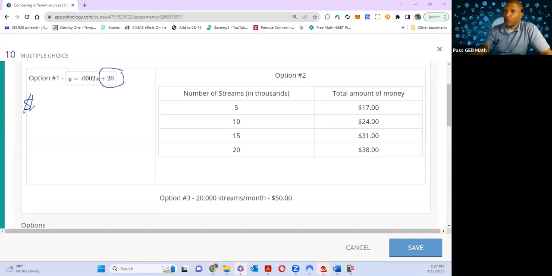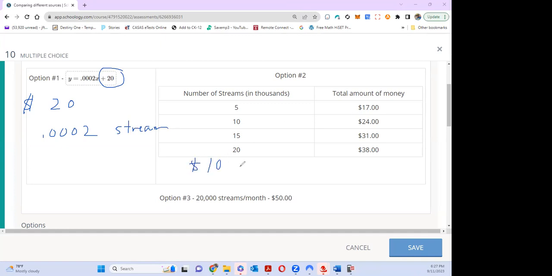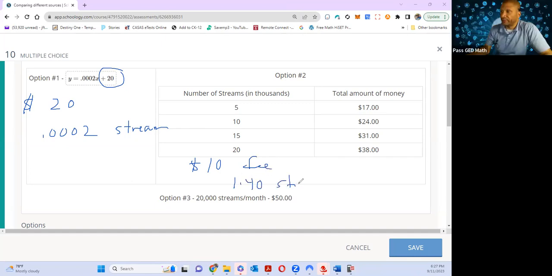That means when you start, your fee up front is going to be $10, but it's only going to cost you 0.002 for each stream. This one was $10 as the fee, but $1.40 for each stream. Here, they're just saying, listen, you can download 20,000 streams for $50 a month.